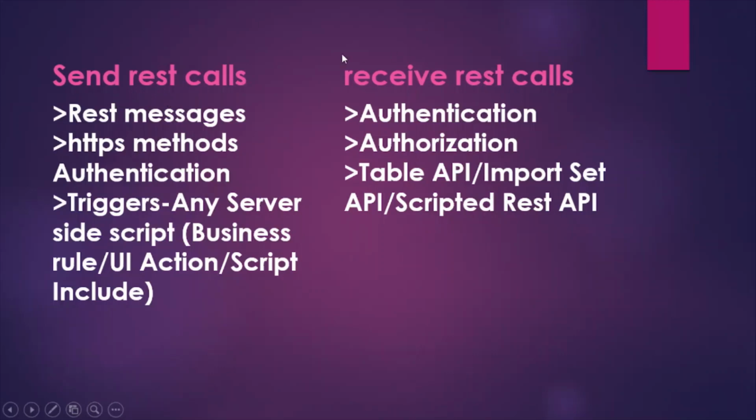And to receive the REST call in our target system, that is our instance 2, first of all I need to create an API endpoint. By using the table API, import set API, or scripted REST API, you can refer to any of them and create an API. After that we need the authentication and authorization part, which we'll understand.